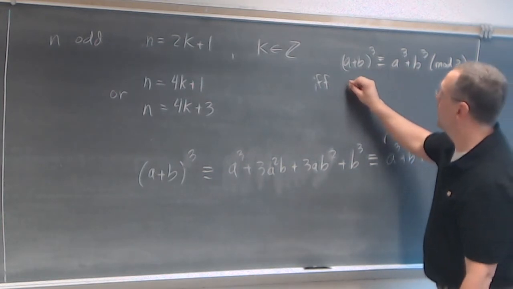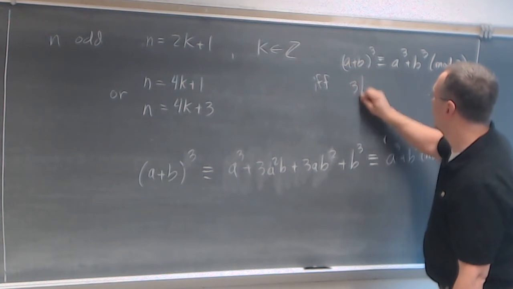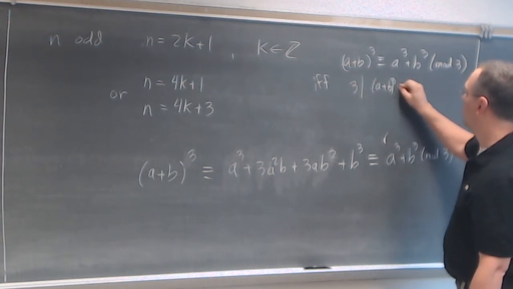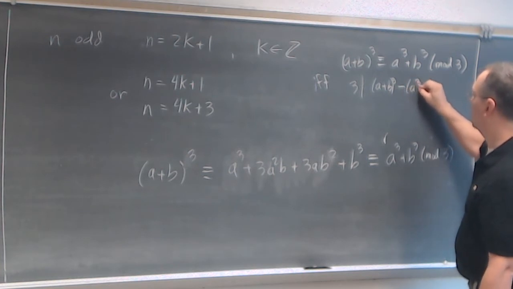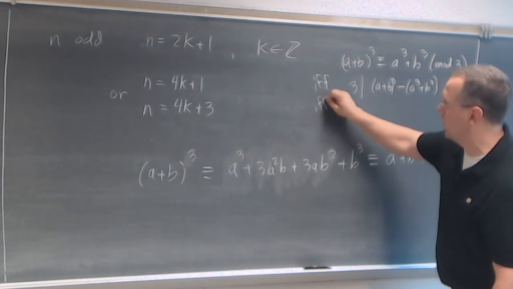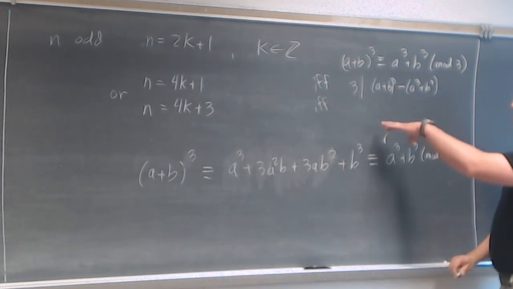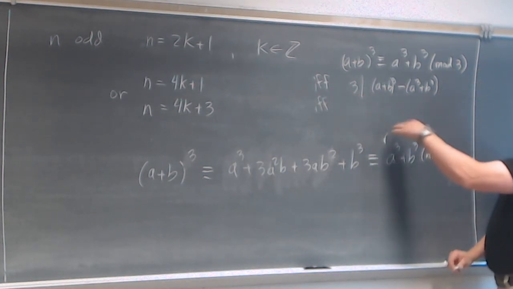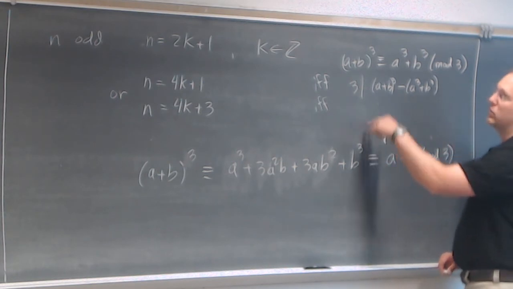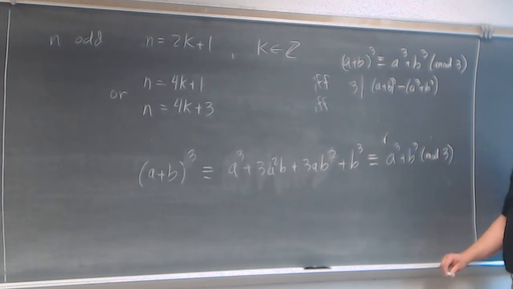So if and only if 3 divides a plus b cubed minus a cubed plus b cubed. You could do a chain of if and only if statements, and the last one was pretty obvious, 3 divides some multiple of 3. So you say, since the last one's true, therefore the original one's true.